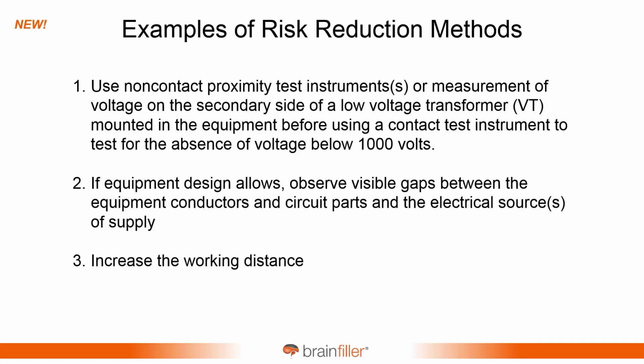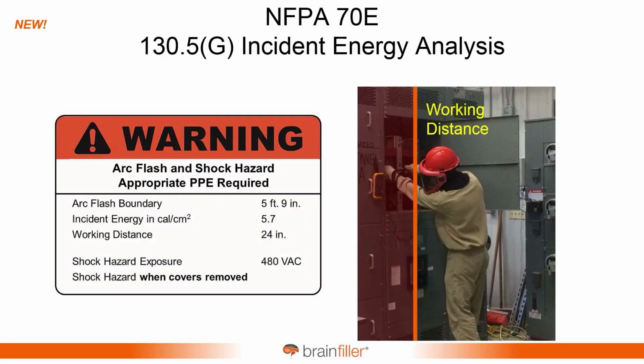Increase the working distance. This sometimes may be the easiest one because the available incident energy is related to the distance between the worker and the possible arc flash. And so if you can increase the working distance, that may go a long way as well. So people may use hot sticks. You may use remote operation. There's a lot of remote operated equipment that's available now.